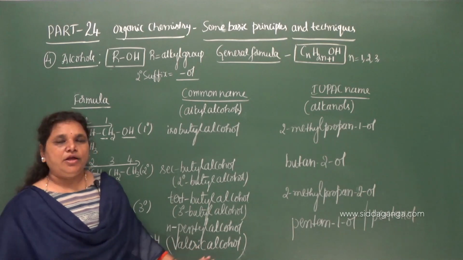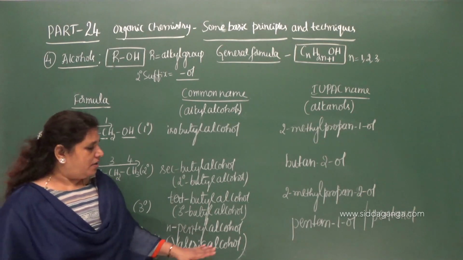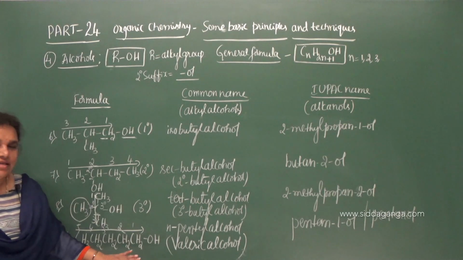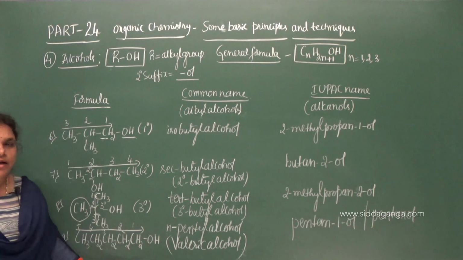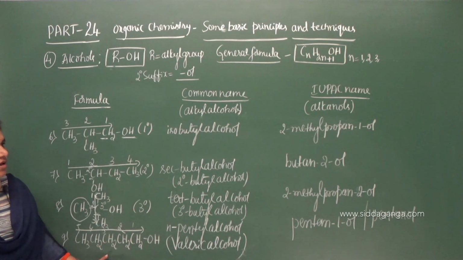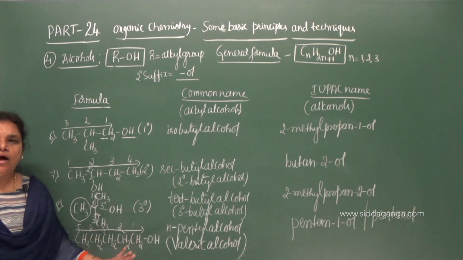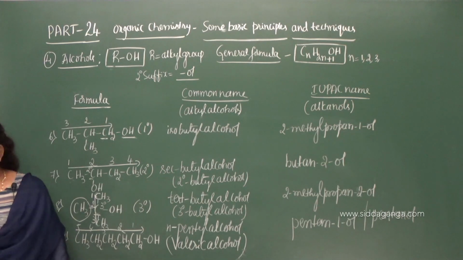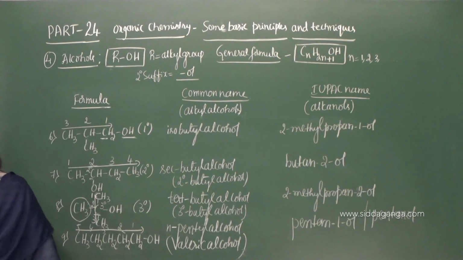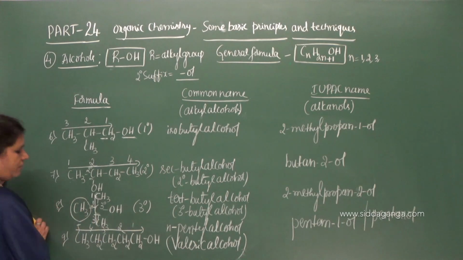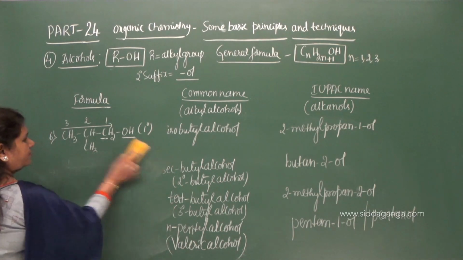But up to this pentyl, it is enough for you. So N-pentyl alcohol. This is the common name and the IUPAC name of a few members of the alcohol series. Okay. Now let us move on to the next one. Fifth one.